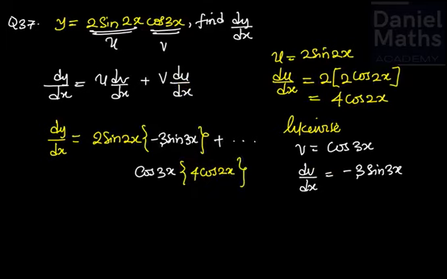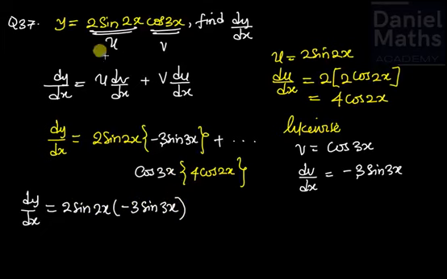So I can go ahead now to write that my dy over dx is equal to, if I open this bracket and write everything out, 2 sine 2x times minus 3 sine 3x, plus cos 3x times 4 cos 2x.